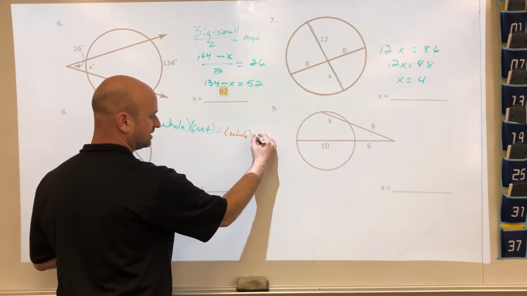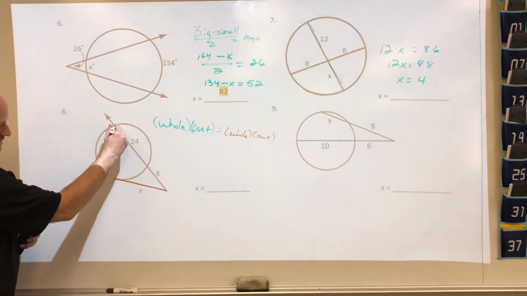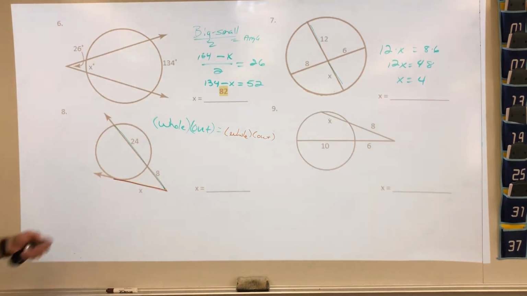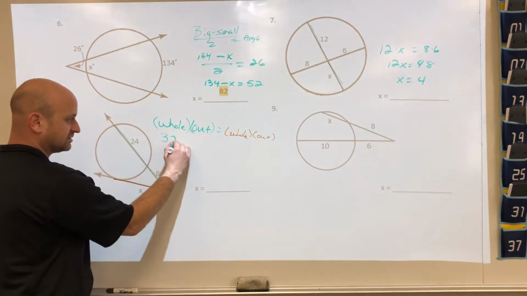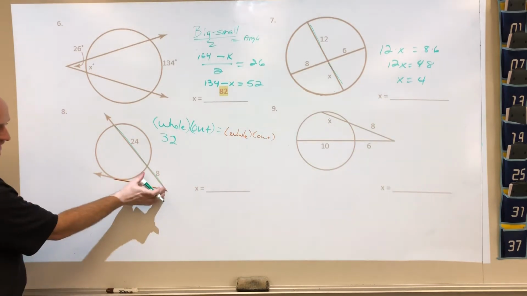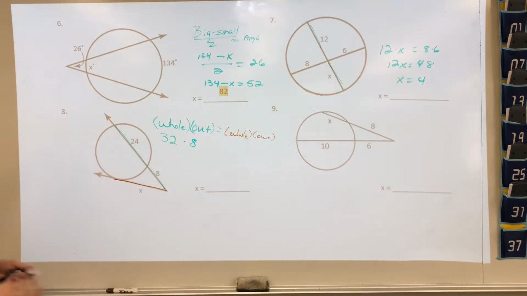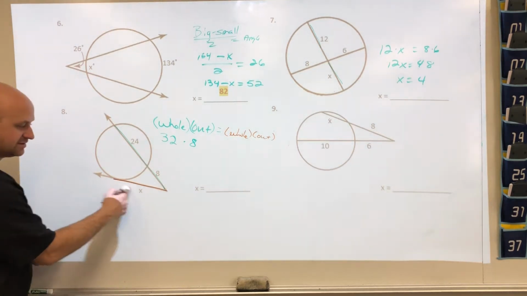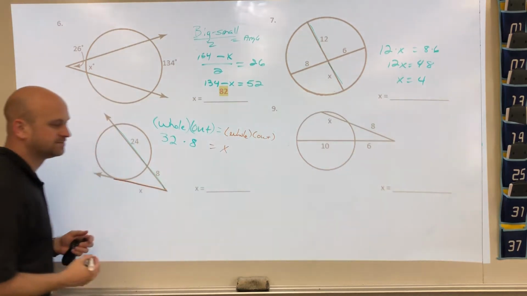Okay, so we have the whole line times what's outside in brown, and then we have the whole line times what's outside in green. So the length of this entire line is 24 plus 8, which is 32. That's the length of the whole green line. 8 is outside of it, so we're going to multiply these two together. When we go to the other line, the length of the brown line is how much? It's x. We don't know. That's what we're trying to find out.